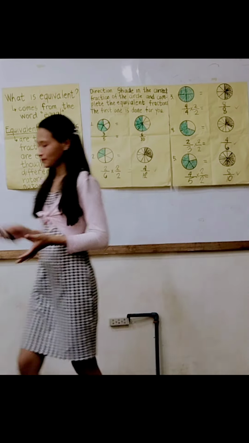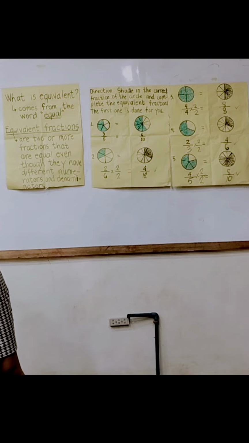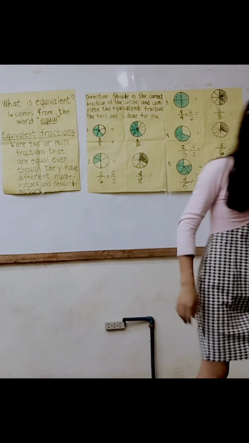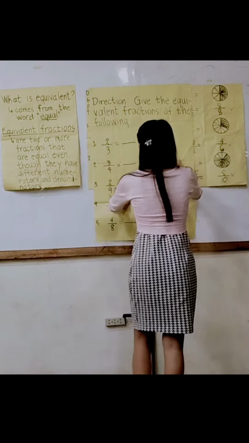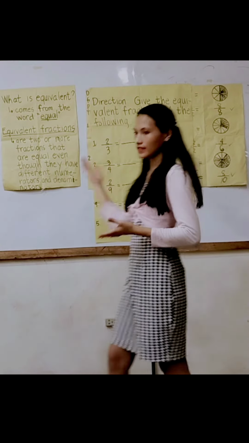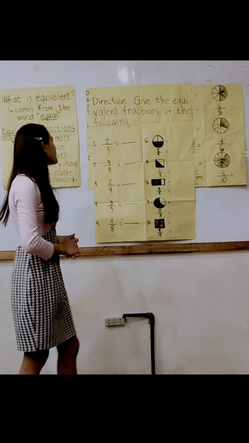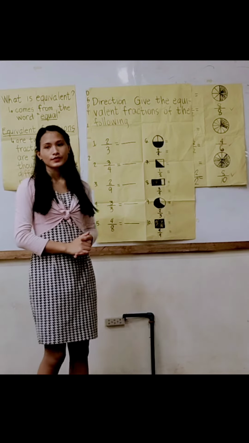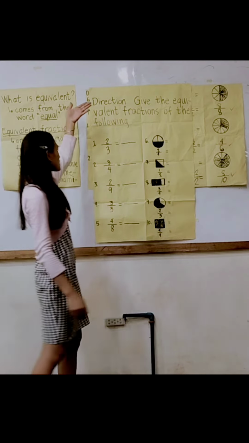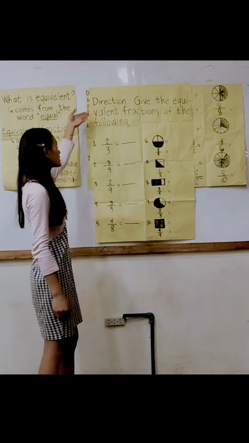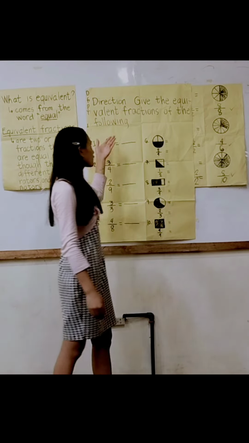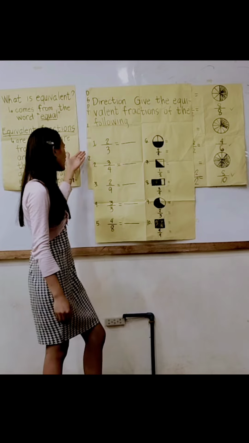So now, I will give you the last activity. Okay, kindly read the direction, Vanessa. Okay, very good. So our direction for activity number 2 is: give the equivalent fractions of the following.